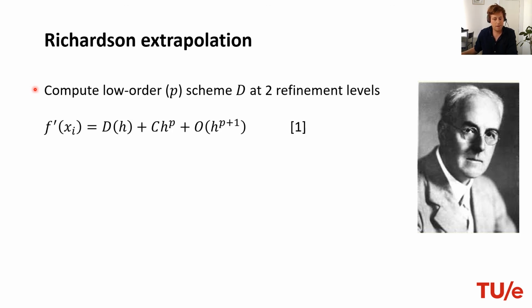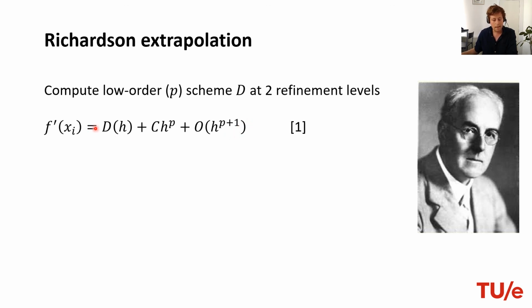You can then write out your approximation of the derivative as follows. We have the finite difference approximation, the leading term of the truncation error, and then other terms of order h to the power p plus 1.